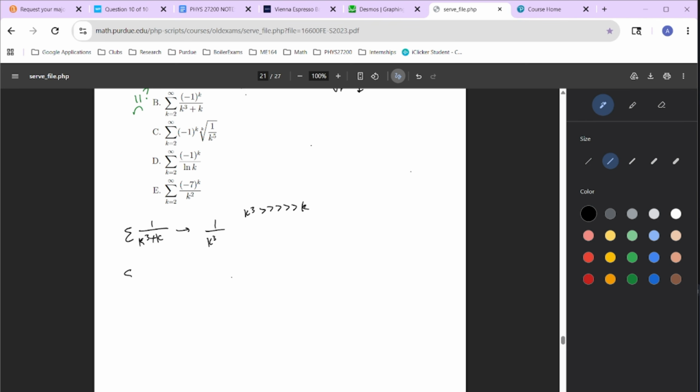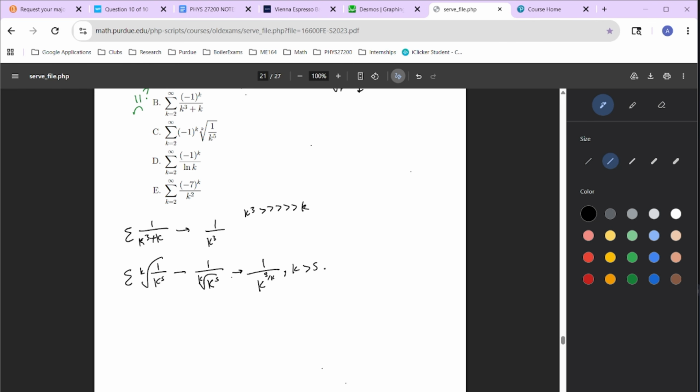Let's look at the third one. The third one is the kth root of 1 over k to the fifth. Well, pretty evidently, once k becomes greater than 5, this series turns into a form k over 5 to the k, where k is greater than 5.